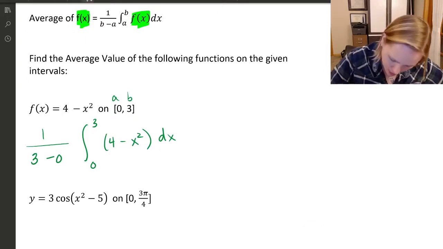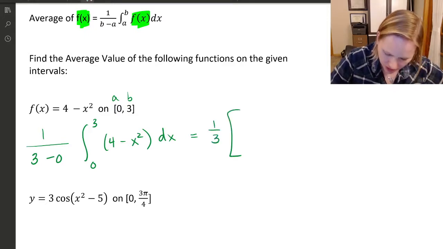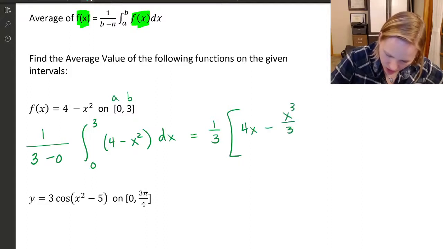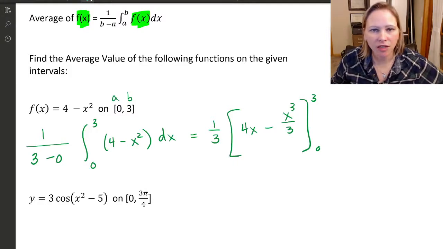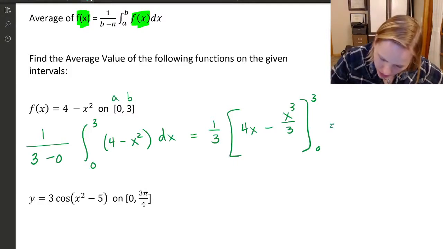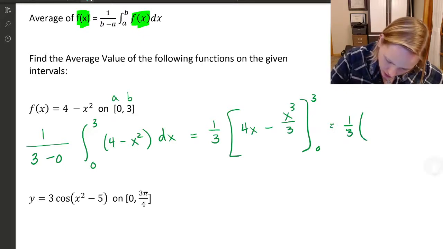So now I'm going to have 1/3, and now I'm going to use my antiderivative, so 4x minus x cubed over 3, turn it into box notation, put the 0 and the 3 on the edge of the box. So I'm going to have 1/3, and then when I plug in 3, I feel like I've done this problem before. 4 times 3 is 12. 12 minus 9 is 3.